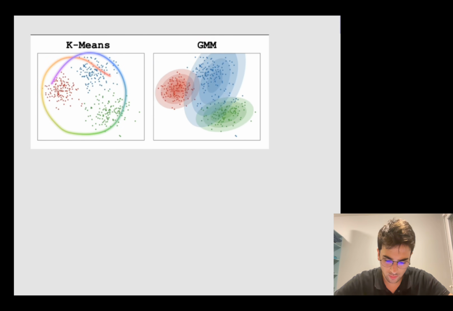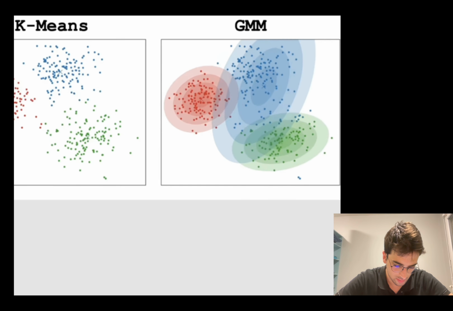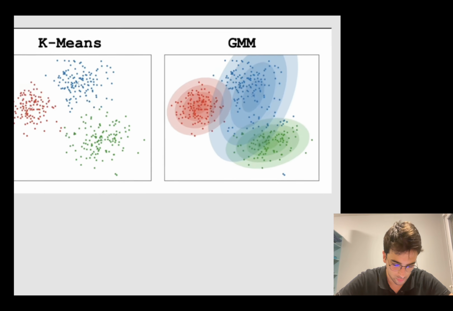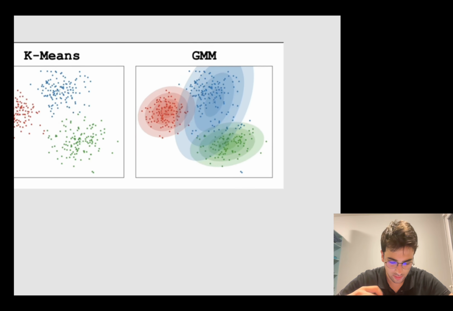You're probably already familiar with k-means. Both of them are clustering algorithms, but in k-means we give hard labels to the data points. For example, this one is only from the blue cluster. This one is only from the green cluster.